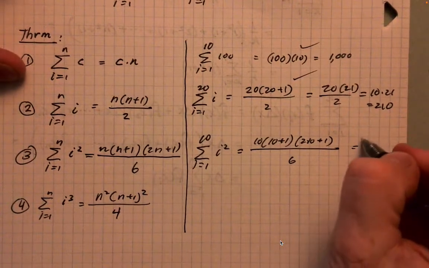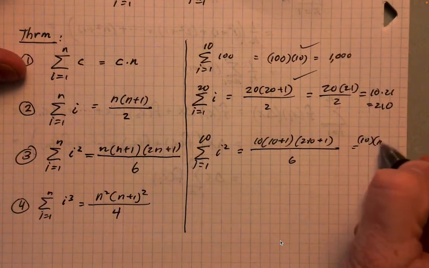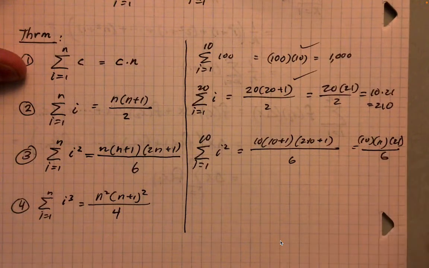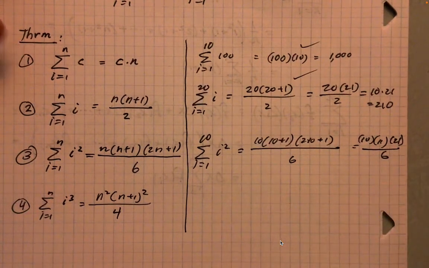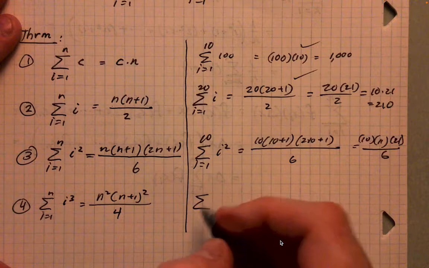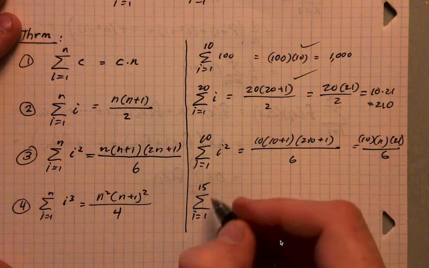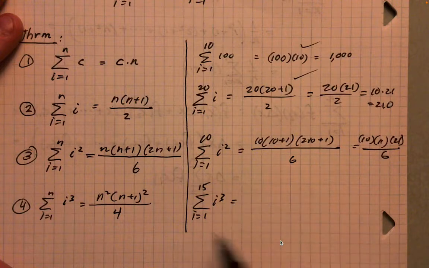So that would be 10, and then 11, and then 21, all over 6. I'll just leave that to you to figure out, but it's like 210 times 11, so like 2,000 something. And you could figure this out, just plug it in. And then down here, finally, let's get crazy and say i equals 1 to 15 of i cubed, right?